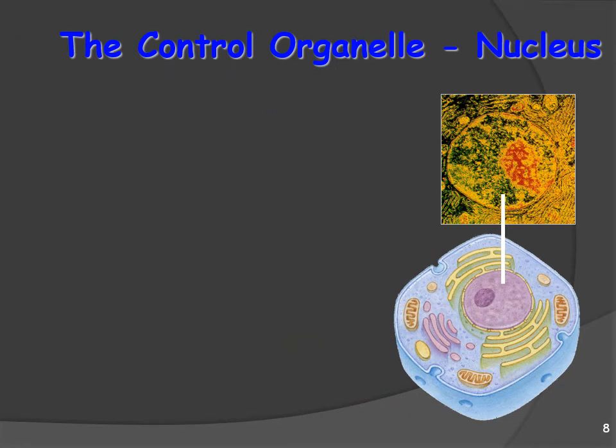So we're going to talk next about the nucleus. This is the control center for all activities. It's kind of like the brain of the cell, if you would. It contains the genetic material in the form of DNA. It condenses into chromosomes in dividing cells, and then it shows as chromatin in non-dividing cells.